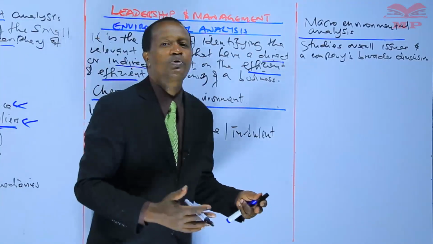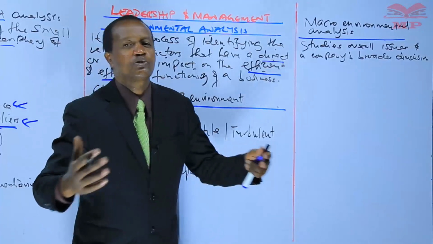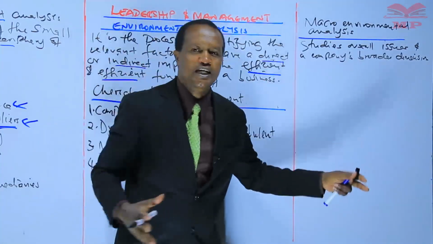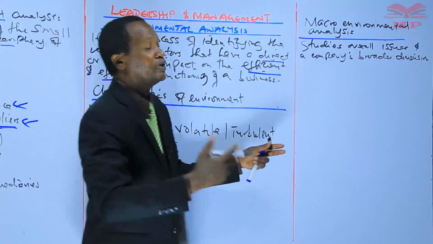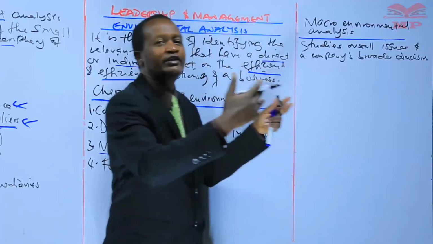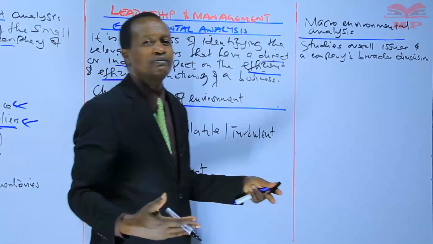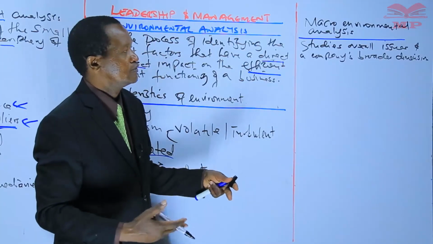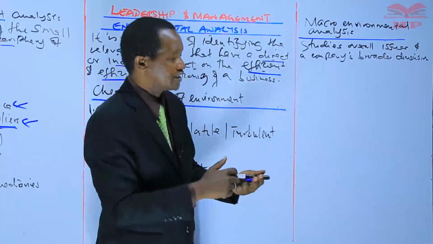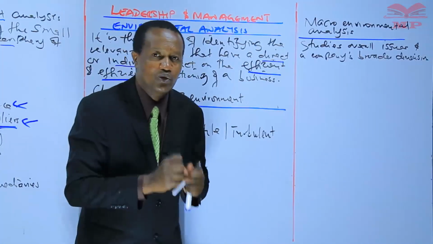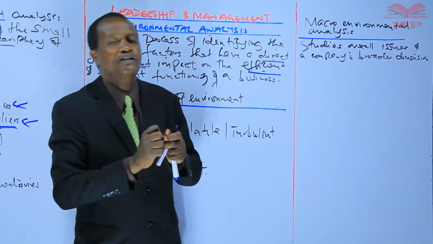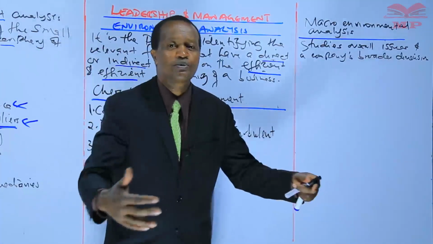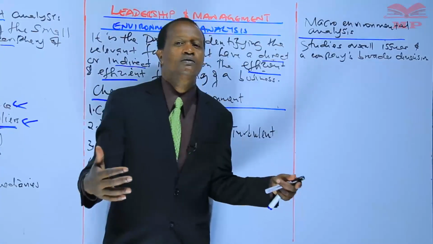which is composed of dimensions in the broader society that influence an industry and the farm in that industry. Broader issues that do not just affect the farm alone. No, these are the factors that affect all the farms within the industry.